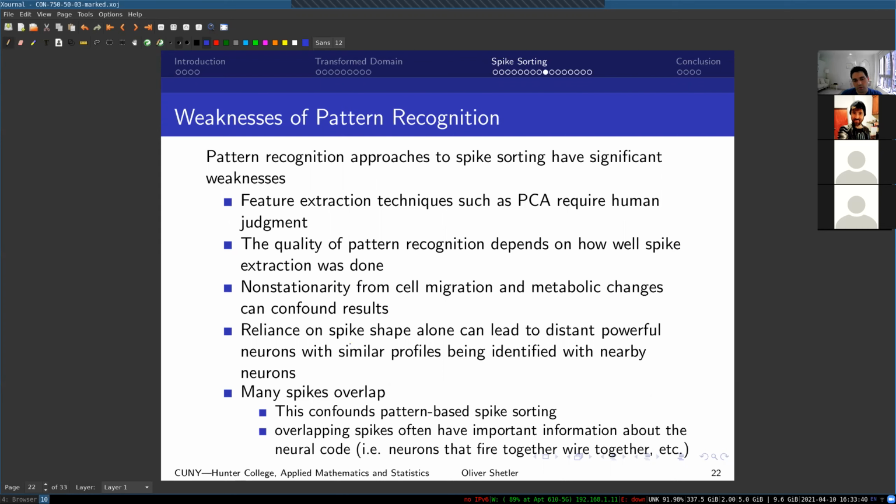The other thing is that the reliance on spike shape alone can lead to distant but powerful neurons appearing to be the same as nearby neurons, right? Like if they have a similar spike profile shape, imagine you have a distant neuron that has a big spike profile that looks like that, and then you have a nearby neuron that has the same spike profile, but smaller.